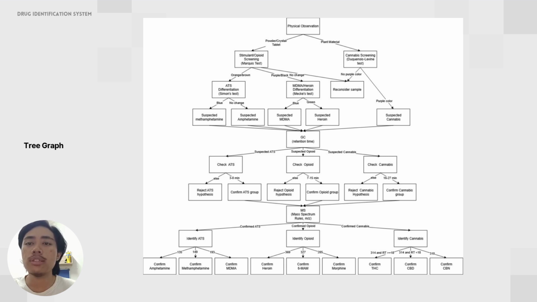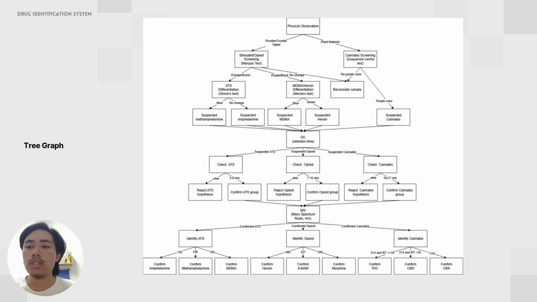The second test for ATS is Simon's test, which indicates it will be methamphetamine or amphetamine, and Mecke's test, which indicates it is MDMA or heroin. After that, we will go to GC retention time, which confirms that the drug will be ATS, opioid, or cannabis, depending on the retention time.